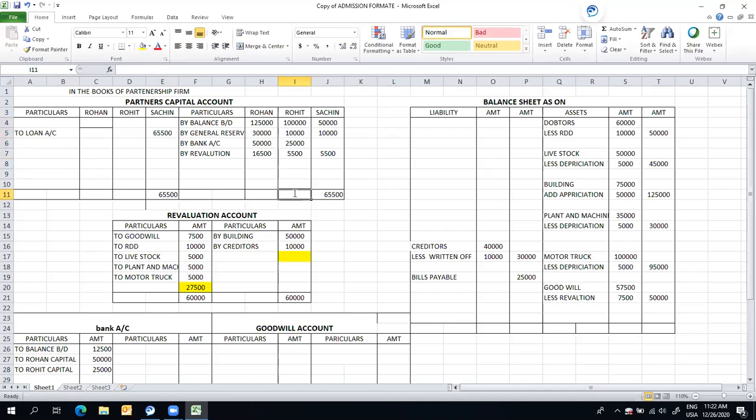Now what about Rohit? 1,40,500. And what about Rohan? 2,21,500. Okay, so 2,21,500 and 1,40,500. See, again the debit side is empty. So take as it is, 2,21,500 and 1,40,500.